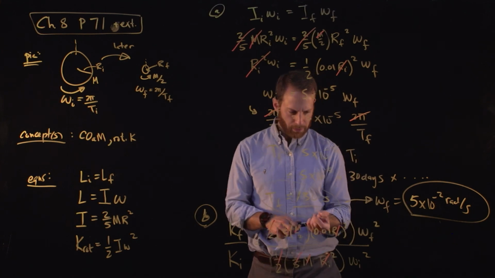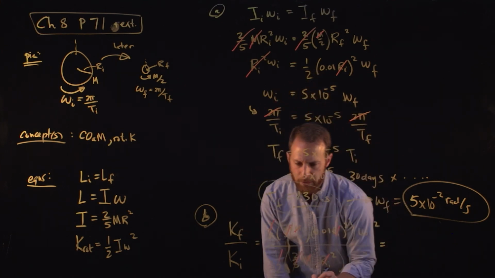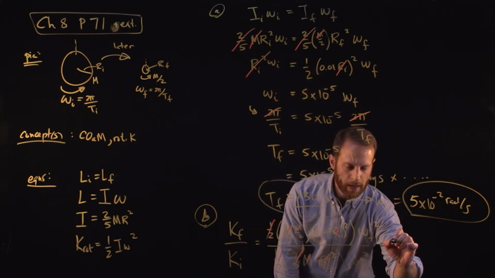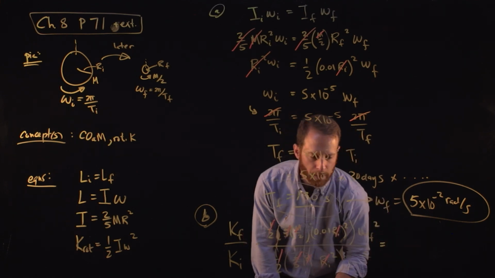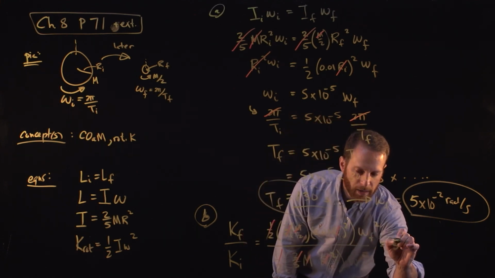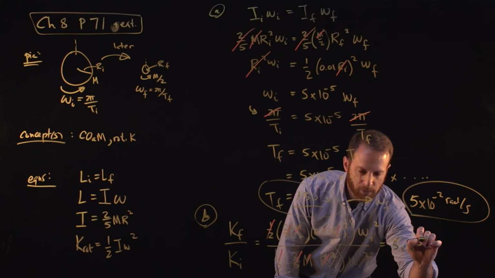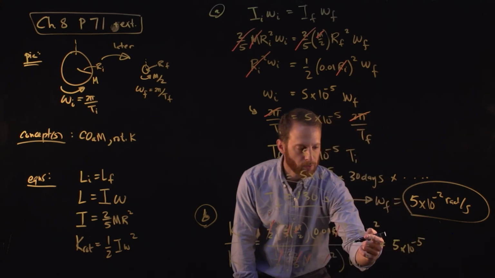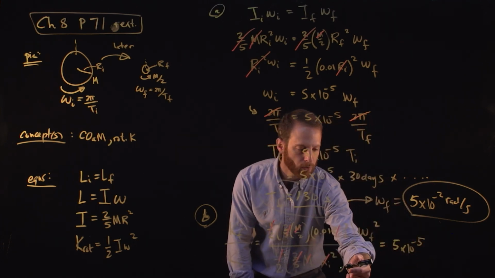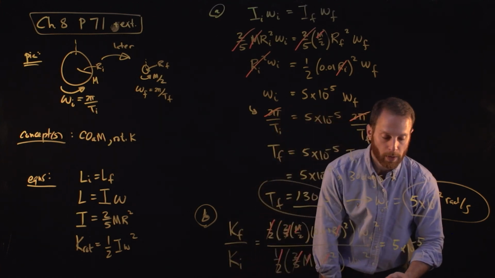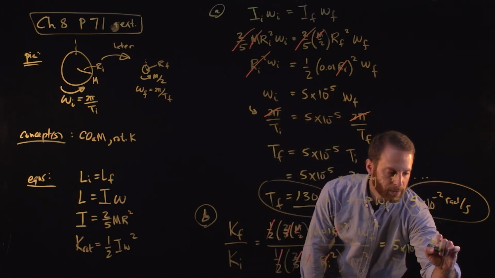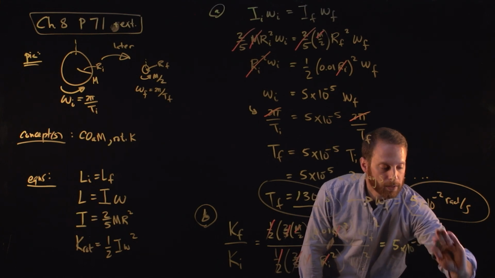What you end up with, I'll just put the intermediate step. There's a leftover factor of 1/2 times 0.01 squared. That's the 5 times 10 to the minus 5. And then the ratio of omega final squared over omega initial squared. So I'll write that here. If you want, you can do that in terms of the period.